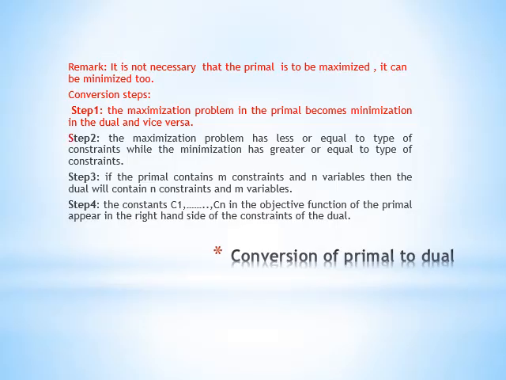Remind: three constraints and two variables in the primal. The dual will contain two constraints and three variables.